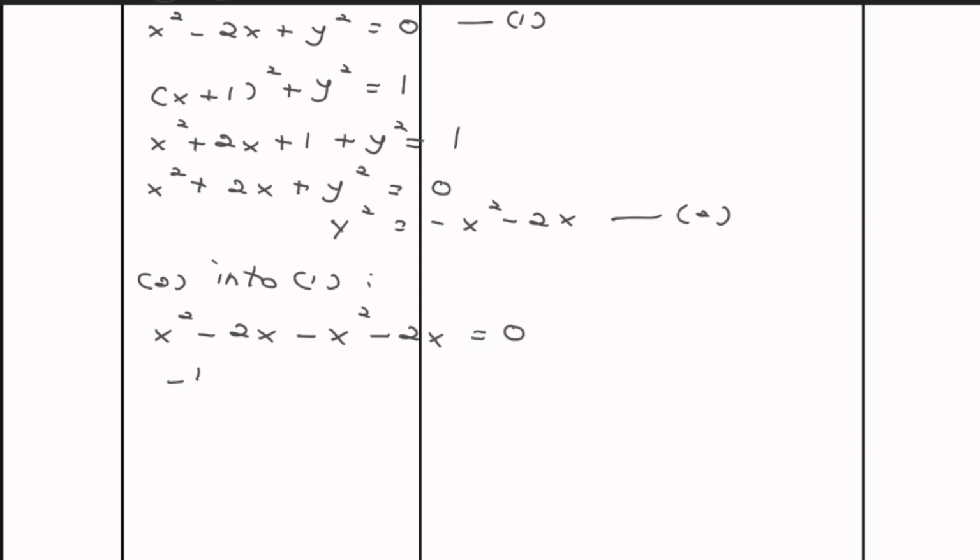So negative 4x equals 0, then we get x equals 0. I'm going to substitute this into equation 2. So what I have is y squared equals 0, which means that y equals 0.